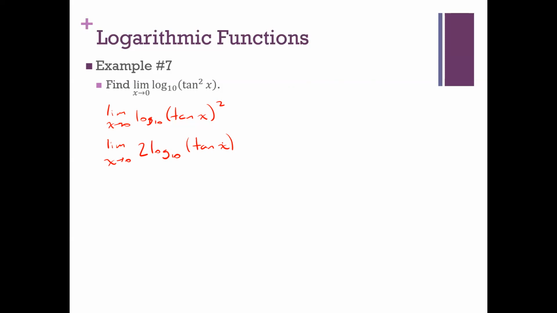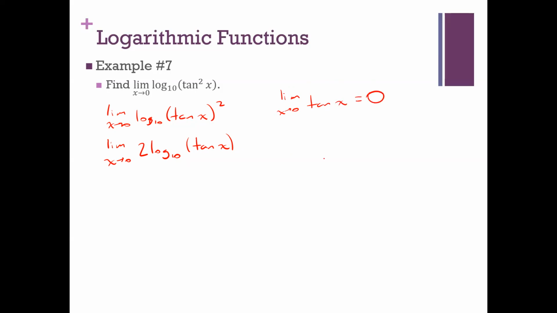All right. So we've got a couple of rewrites here. Where can we go from here? Go ahead. What is the limit as tangent x approaches 0? Okay, I think that's true. So then, applying the limit law there. Here's something I know: the limit as x approaches 0 of tangent x equals 0.